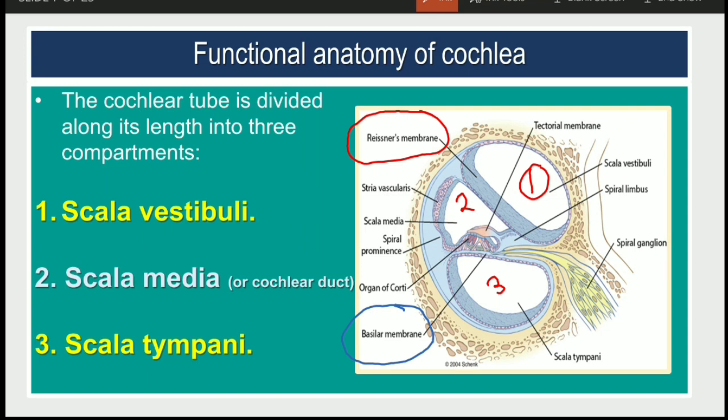So basically, if you see the cut section of the cochlea, there are three compartments: number 1, scala vestibuli, number 2, scala media, and number 3, scala tympani. Between scala vestibuli and scala media, there is Reissner's membrane, and between scala media and scala tympani, there is the basilar membrane.